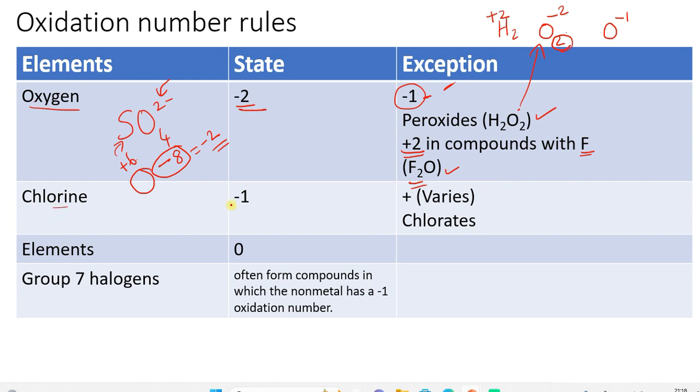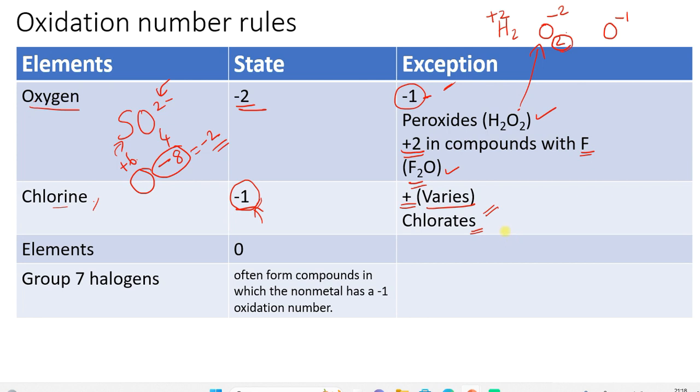For chlorine, it's always -1 mostly, but then it can also be +1 and various other charges as well. So this has to be worked out. If you see chlorine, be careful, don't give that as a priority, work that out at the end, okay? We'll do practice of this, don't worry. For now, chlorine is generally -1, but then it can change in chlorates, okay?